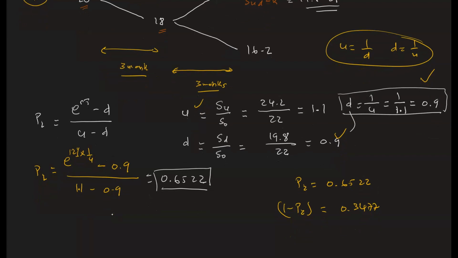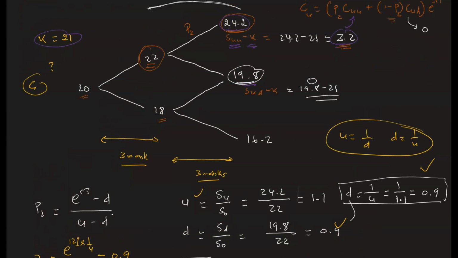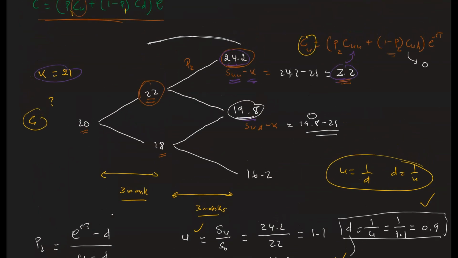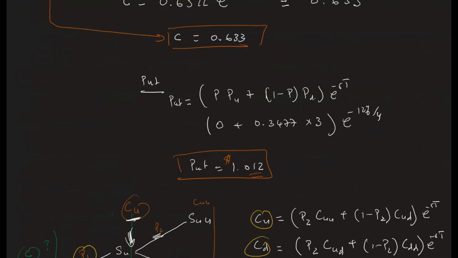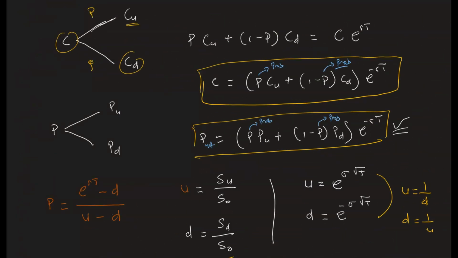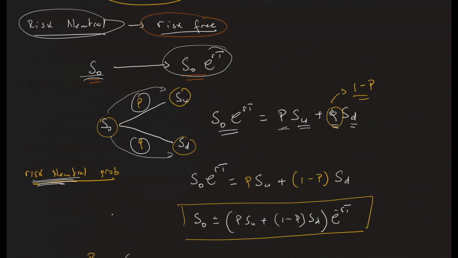And so with this, we can find call up, which is the value of the call here, and we also need the value of the call down. And the value of the call there is going to be equal to, all we are doing is applying the risk neutral probability approach.